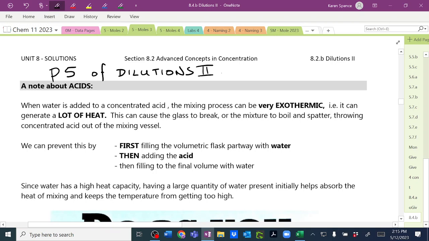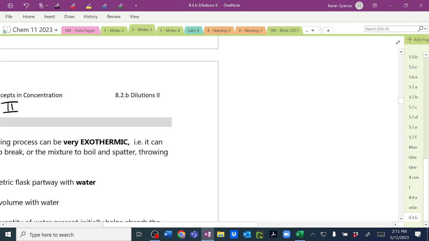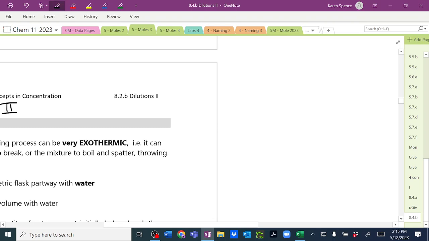When water is added to concentrated acid, we can run into a little bit of problems. You remember how last day, if we wanted to dilute a solution, what we did is we measured out, I'm really regretting drawing the volumetric pipette right now. They're really hard to draw.